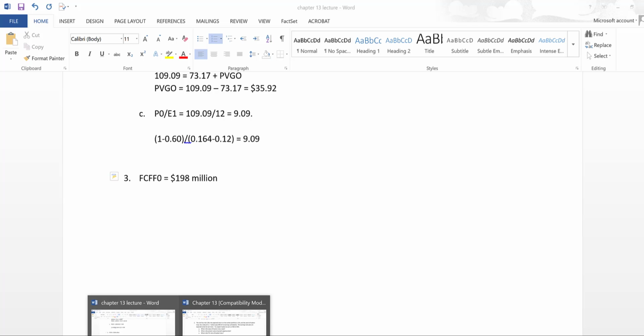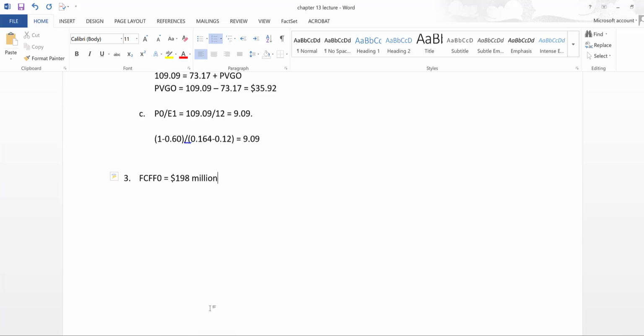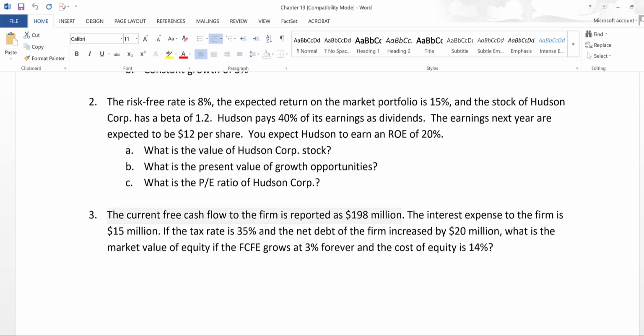Then we have the interest expense as 15 million, a tax rate of 35%, and an increase in net debt by 20 million.